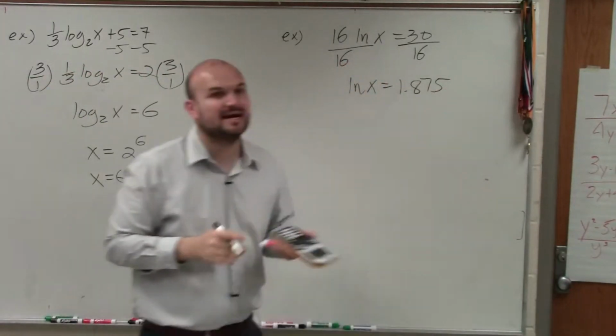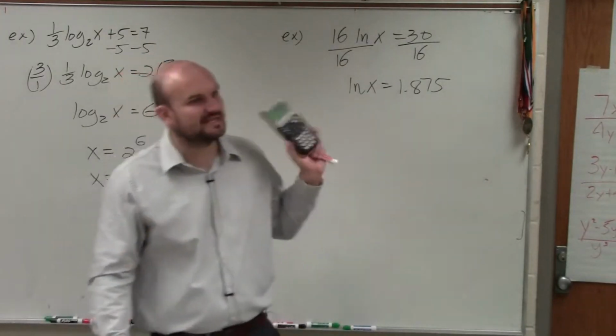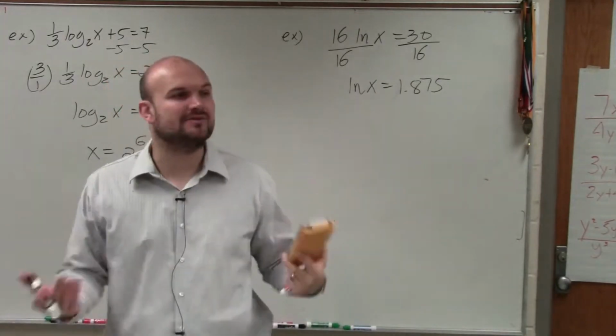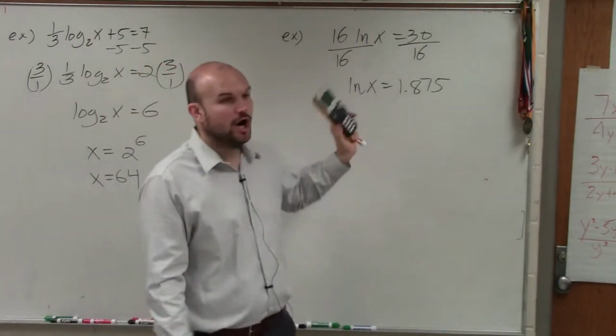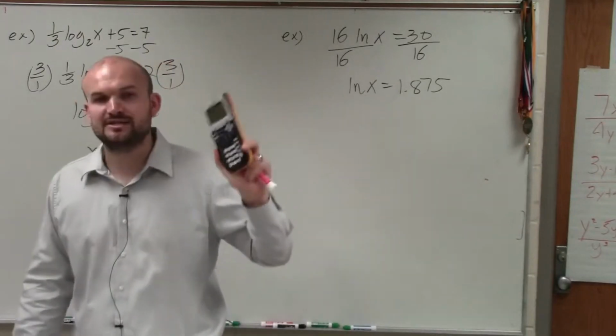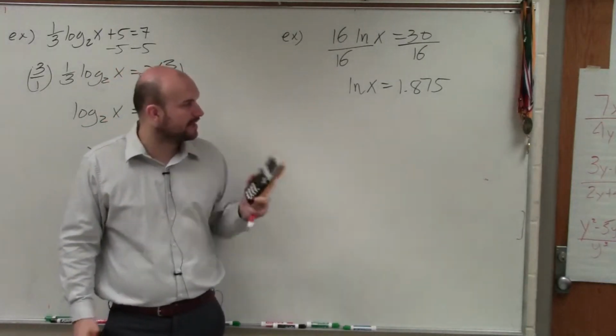I will recommend, guys, always when you're using a calculator, try to use the whole decimal. Do not round until the very, very end. Because if you round initially, for instance, if you just say, oh, that's 1.9, your answer is going to be off. So make sure you always use the complete decimal form from your calculator.